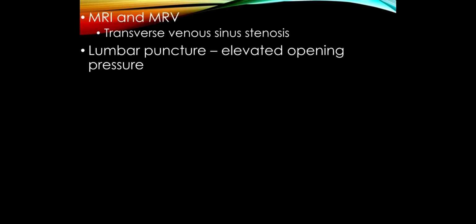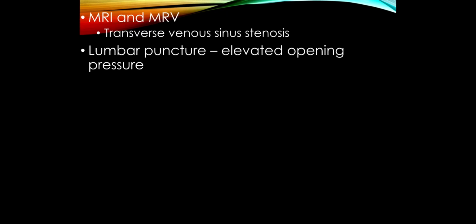But we always have to do the MRI first, not the lumbar puncture. Okay, that's very important because with the lumbar puncture, you can certainly prove that the patient has elevated opening pressure. But this condition, formerly called pseudo-tumor, because it presents sort of like a tumor, sort of like a mass lesion with headaches, increased intracranial pressure. And remember, you do not want to do a lumbar puncture in someone that has increased intracranial pressure.